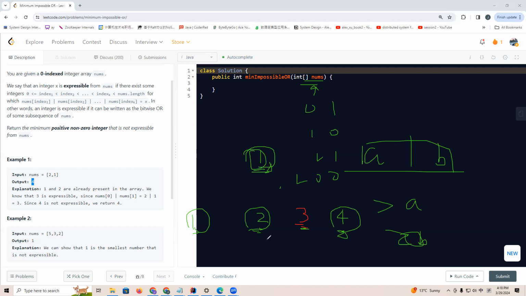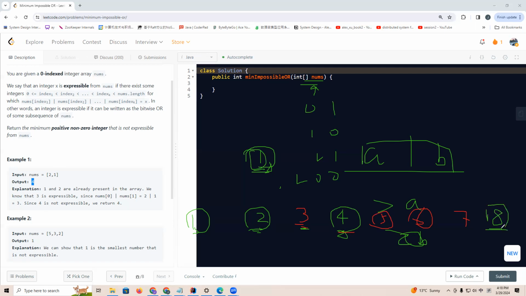For example, 4 and 1 is 5, 4 and 2 is 6, 4 and 3 is 7. So if we have 1, 2, 4, that means we can OR to 5, 6, 7. And the next we need to check is 8.